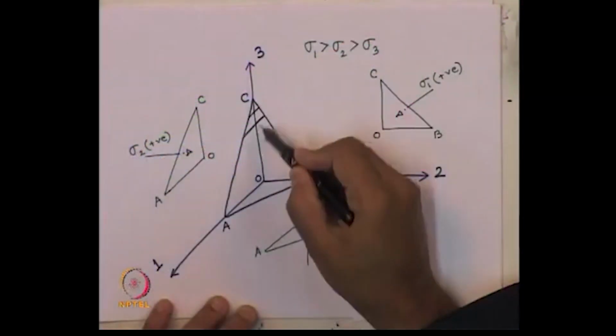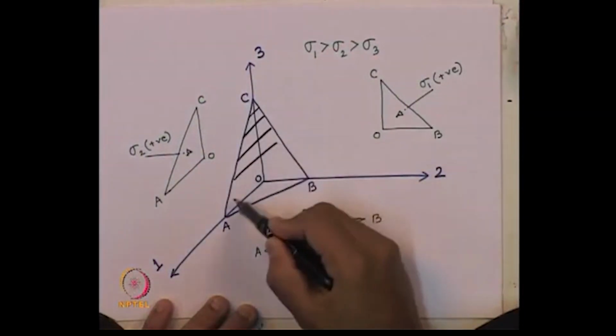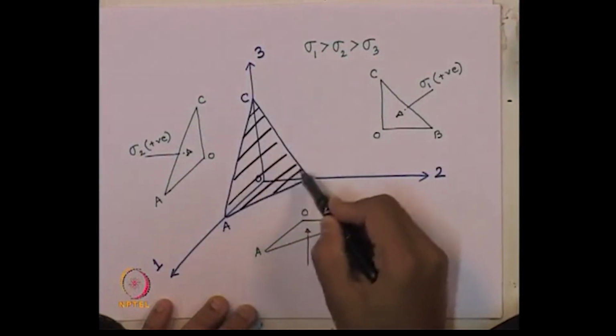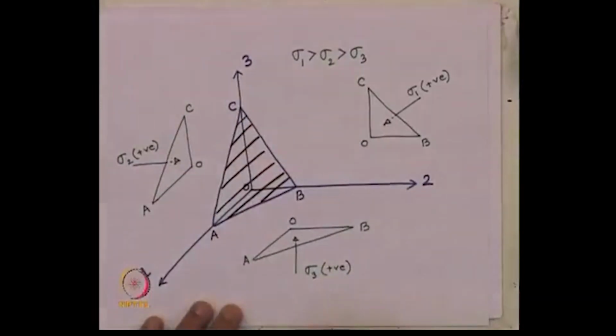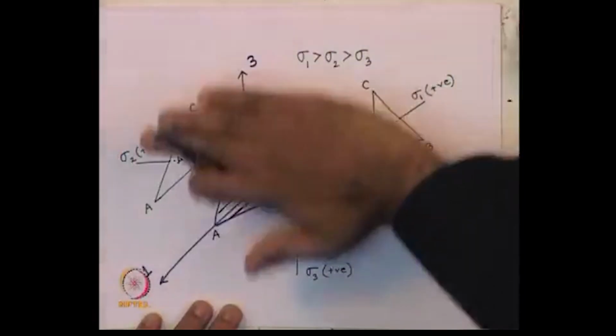Now, if I want to find out the normal and shear stresses on any inclined plane with respect to these three orthogonal axes, how can we determine that? So, let us say on this plane, that is the plane ABC. Can you see this? ABC.